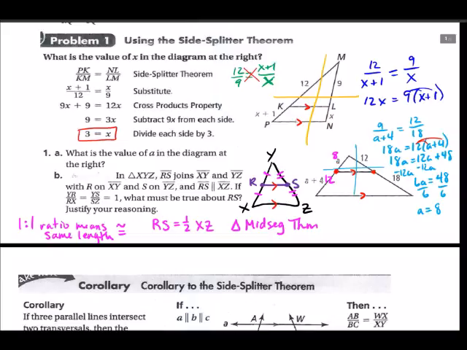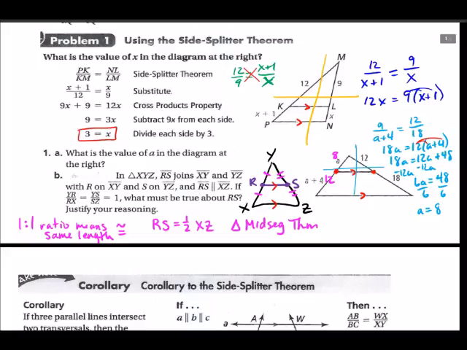Part B, this was a little bit more interesting. We were given triangle XYZ and told that RS joins XY and XZ. R's on XY, S is on XZ. So I just drew that out. Then we're told that segment RS is parallel to segment XZ. So I'm going, all right, I've got my triangle mid-segment theorem, or not mid-segment.